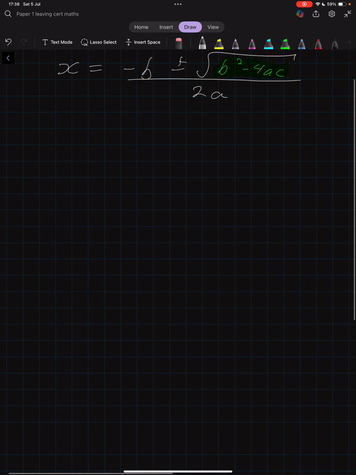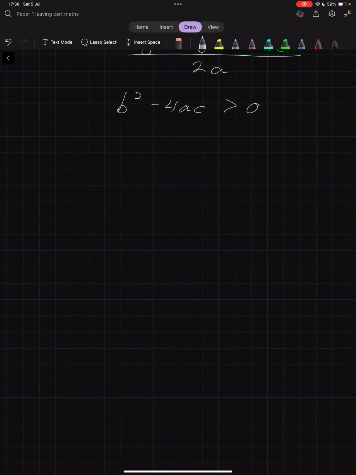Okay? So for example, if b squared minus 4ac is greater than 0, so basically if you're taking the square root of a positive number, you get two numbers. So you have two real roots.